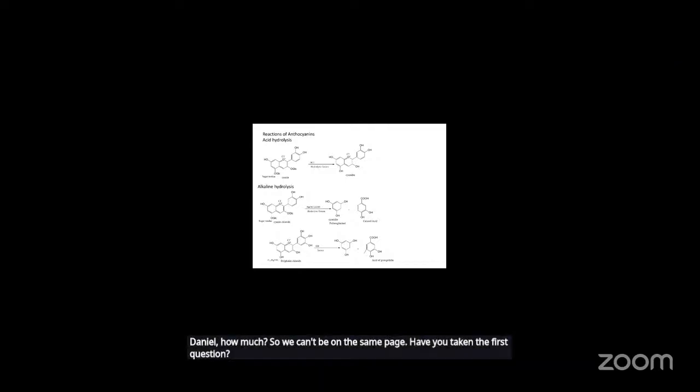Daniel, have you taken the first question? With a detailed equation, outline the alkaline and acid hydrolysis of a named anthocyanin.